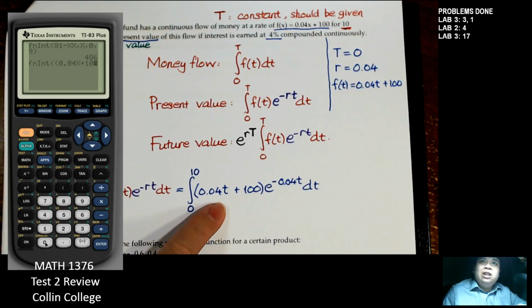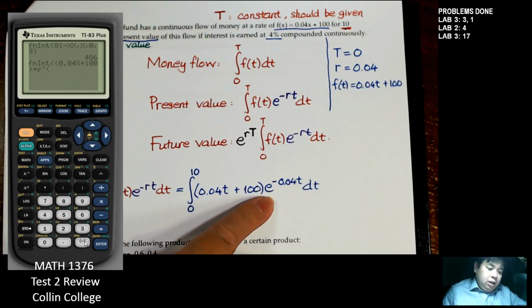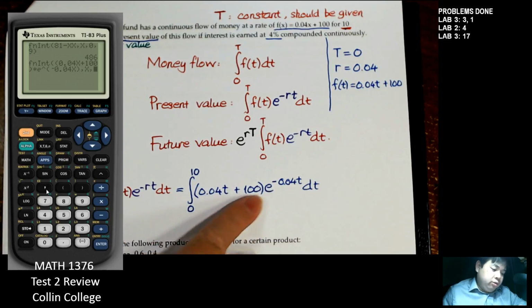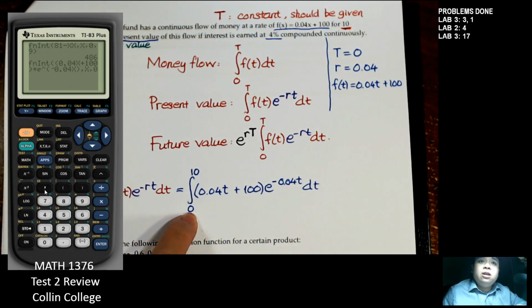Plus 100. And then times e to the negative 0.04 x, close, and that is the function. The variable is x, that goes from 0 to 10.